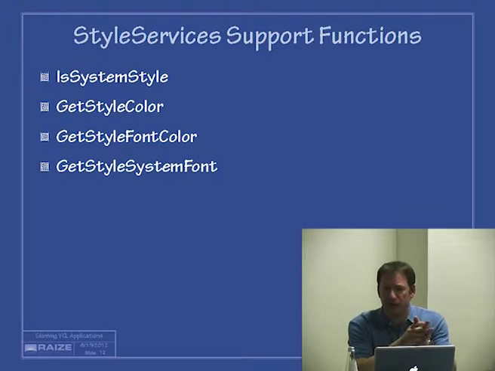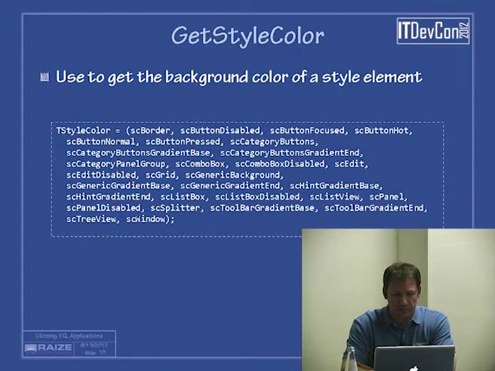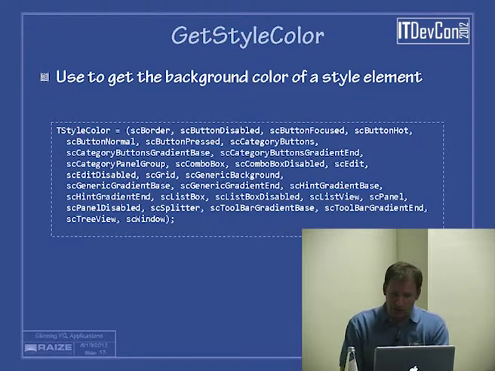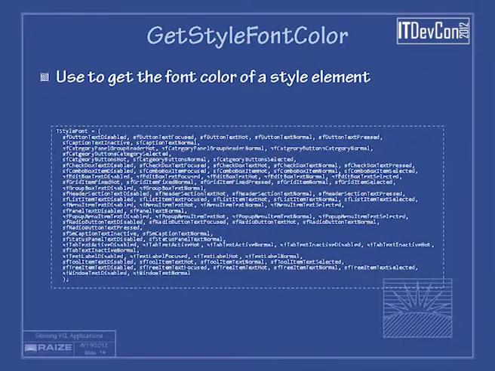We pass in a color value or a symbol, depending on which one we're doing, and it returns the real color we should be using based on the definition of that style. Makes sense. So for GetStyleColor, there's a whole enum called TStyleColor. So if we wanted to get what the combo box disabled color looks like, we would pass in one of those values. Pretty straightforward.